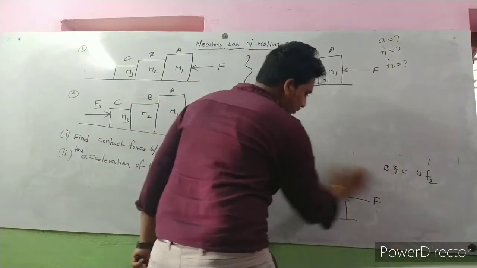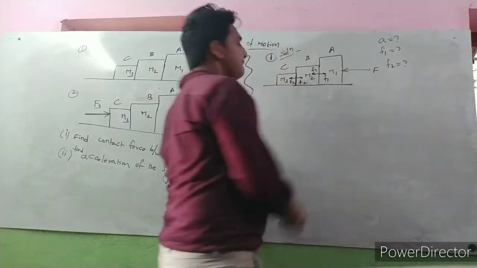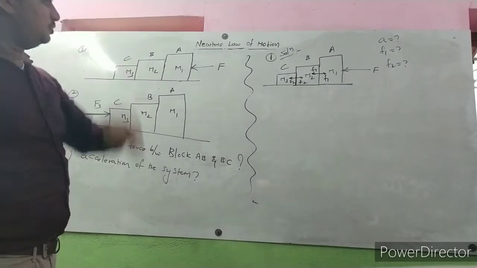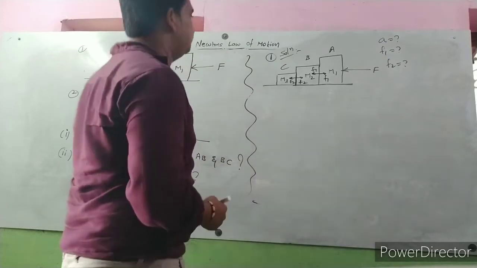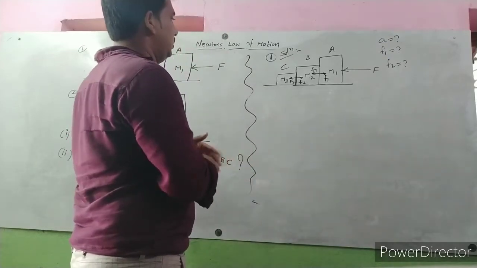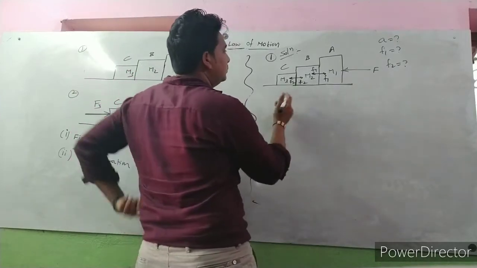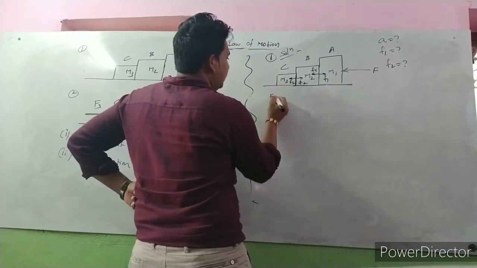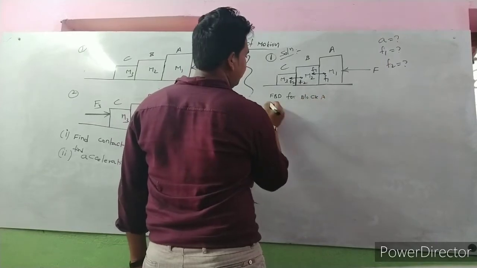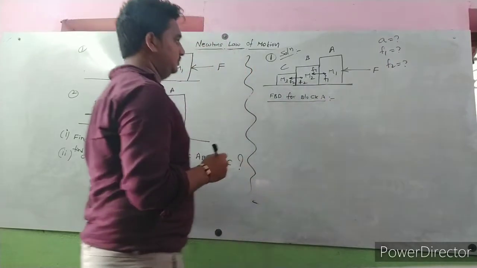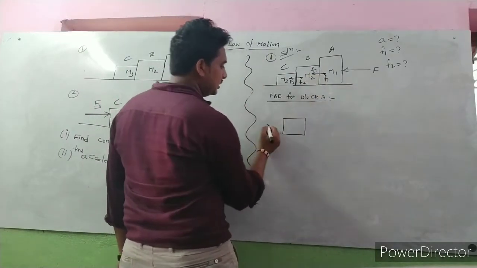How to solve F1 and F2? F1 and F2 are easy to find by applying the free body diagram. FBD for block A. This is block A. What are the forces acting on it?